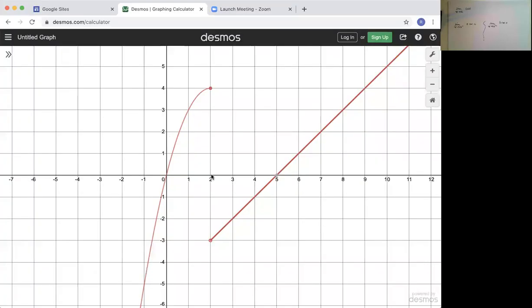From the left, approach x to the left of 2. So left of 2 is here. Where are the y values heading? 3.964, 3.986, 3.99. It sure looks like it's getting close to 4. In fact, it lands at 4. But from the left, the limit as x approaches 2 from the left sure seems to be 4.